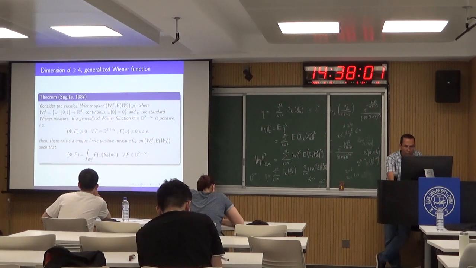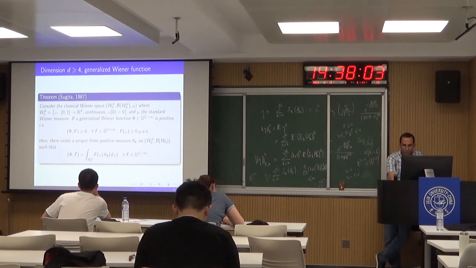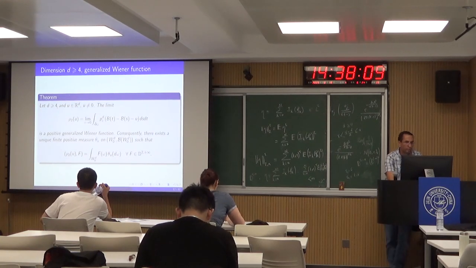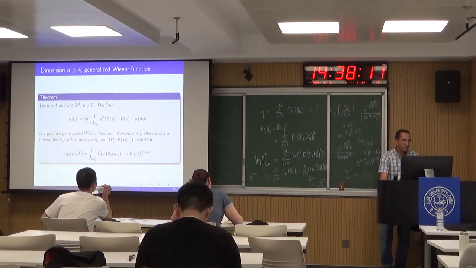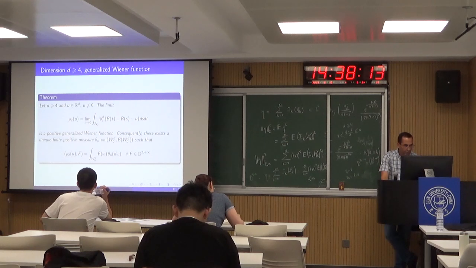We apply this theorem to our self-intersection local time, and what we get is the form. So this limit here, we clearly see that this integral of p epsilon d is clearly positive.